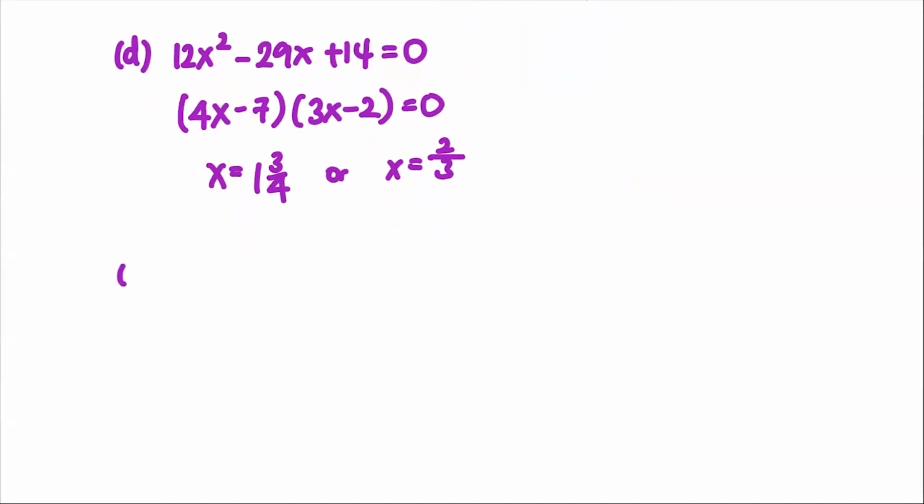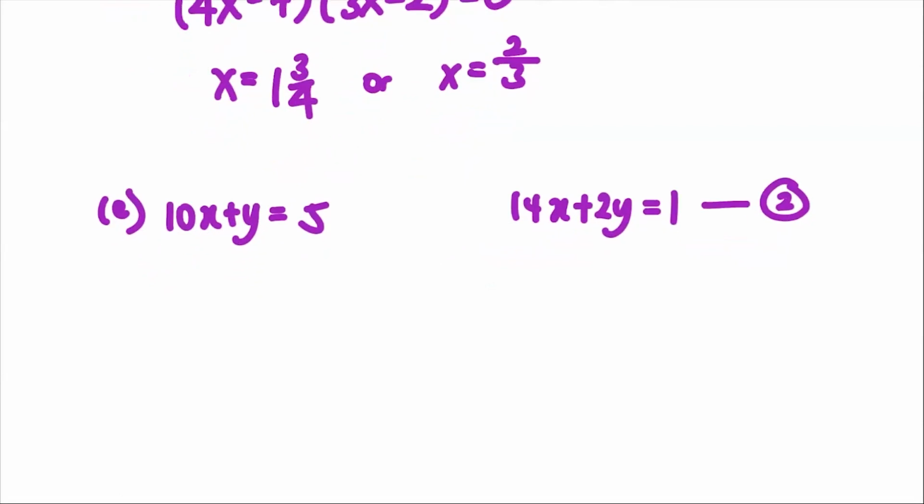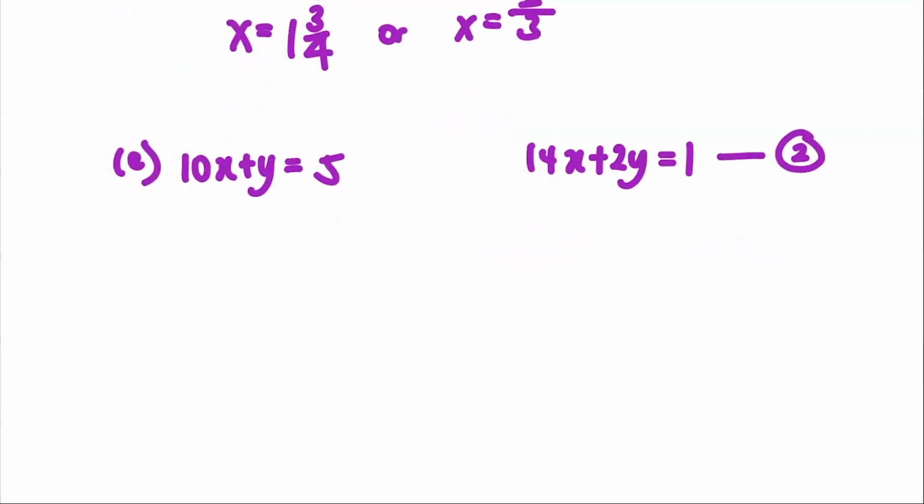Part E is simultaneous equations, so let's do it together. 10x plus y equals 5, equation 1. 14x plus 2y equals 1, equation 2. So for me, I'm going to do the substitution method. I'm going to let y be the subject: y equals 5 minus 10x, equation 1.